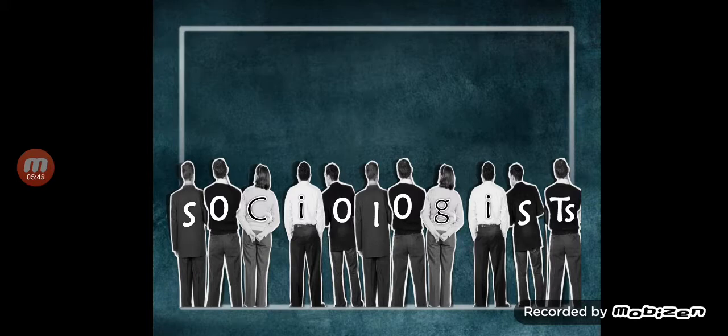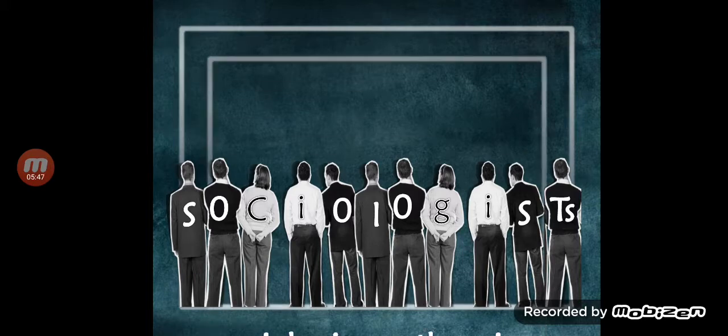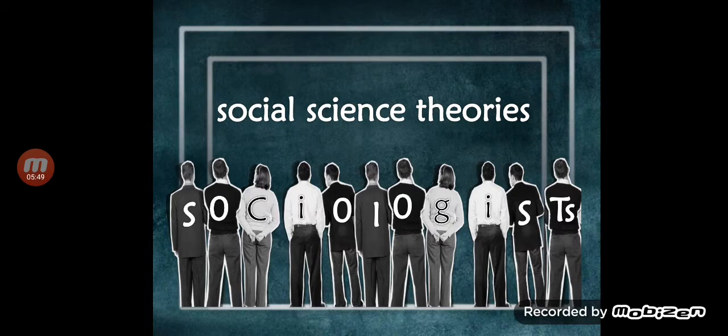And when they talk about social science theories, these theories will guide research and policy formulation in the sociology of education. At the same time, it will provide logical explanation for why things happen the way they do.